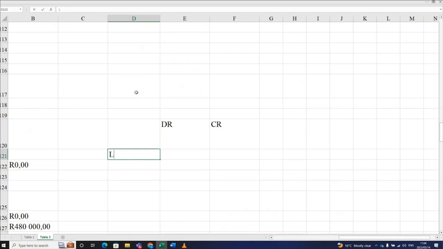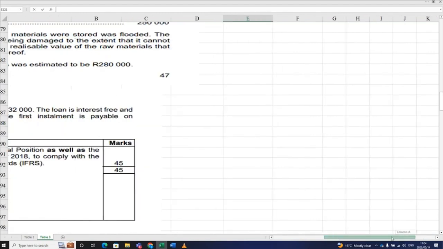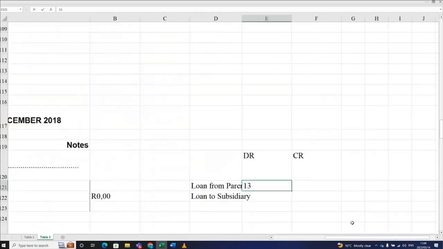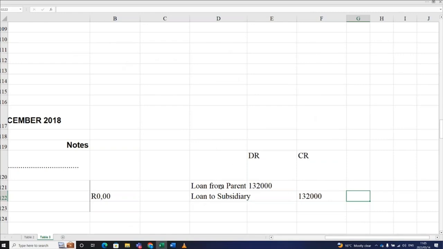So you would have loan from parent, then loan to subsidiary, 132,000 and 132,000. So in your consolidated financial statements, this line item would not exist. But in the separate books it was obviously sitting there, hence why you have to eliminate it.